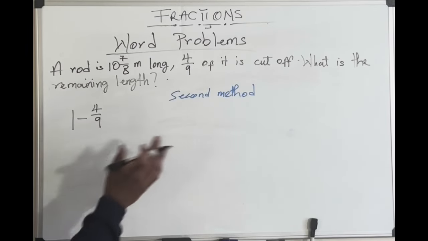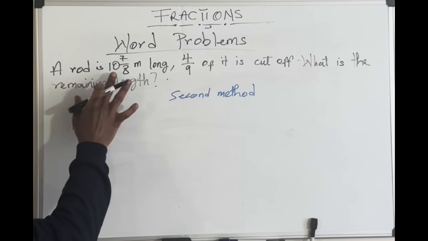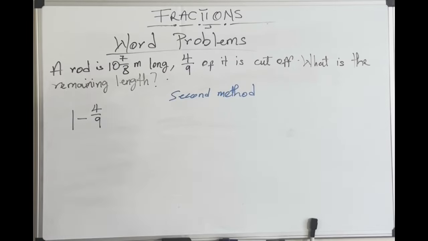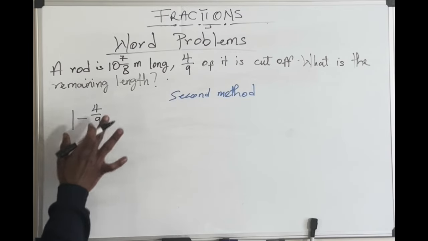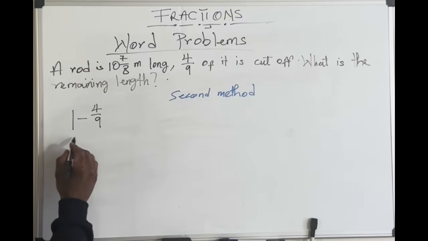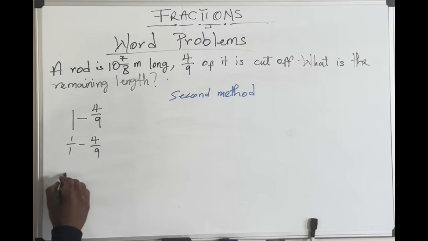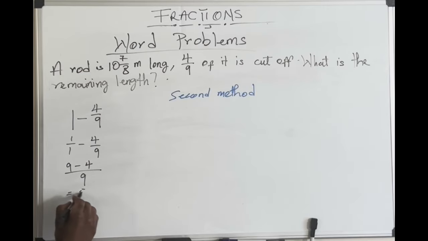And then whatever answer we get, we will multiply it with 10 whole number 7 over 8, and arrive at the same answer we had for the first method. Okay, all right. So 1 whole number minus 4 over 9. We can also write it as 1 over 1 minus 4 over 9. 9, 9 minus 4, so 5 over 9. We have 5 over 9.